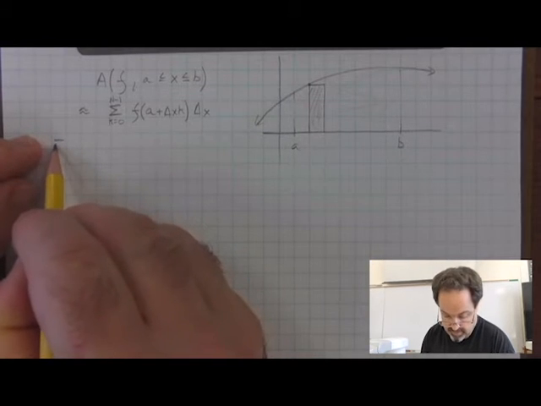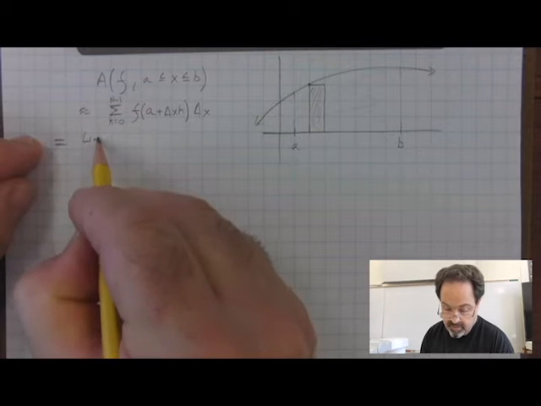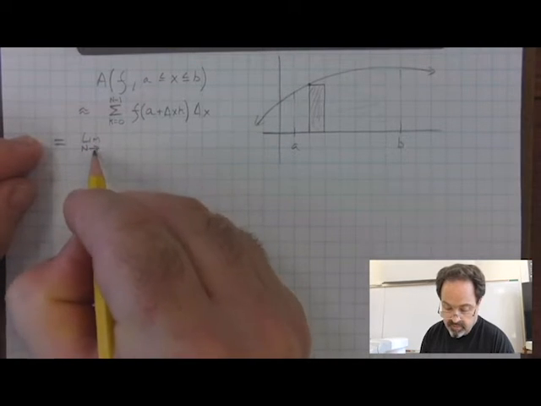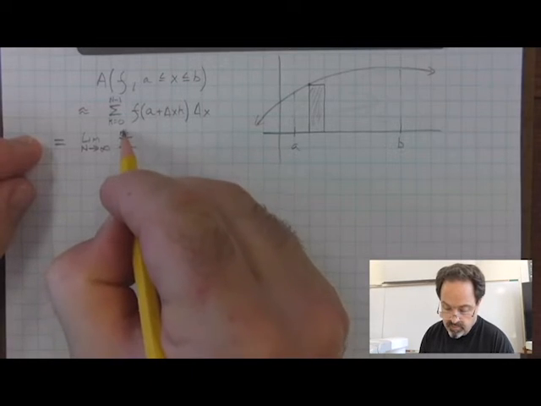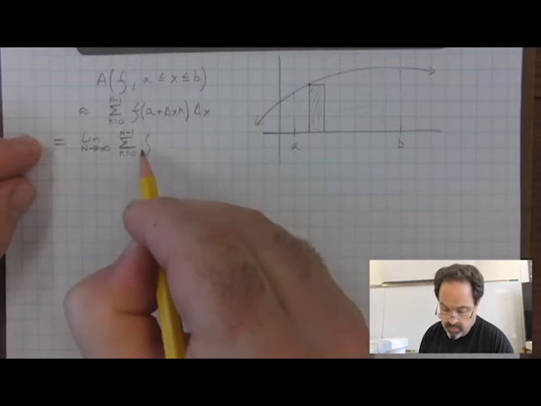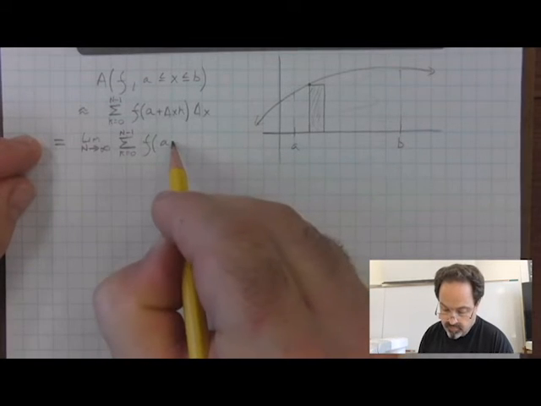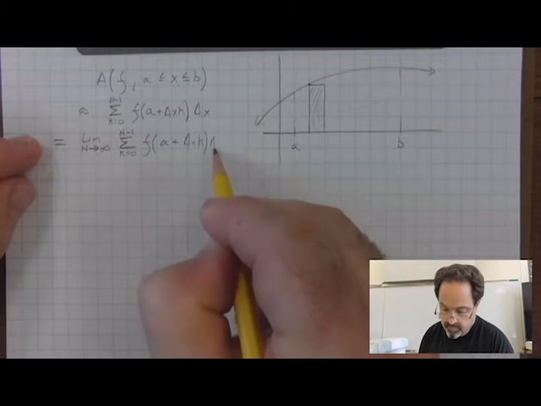We can then get an exact area, exactly equal to, as a concept, taking the limit as the number of rectangles n approaches infinity, where n is used as the upper index of sigma, and we still have the argument f composed with a plus delta x k, times delta x.